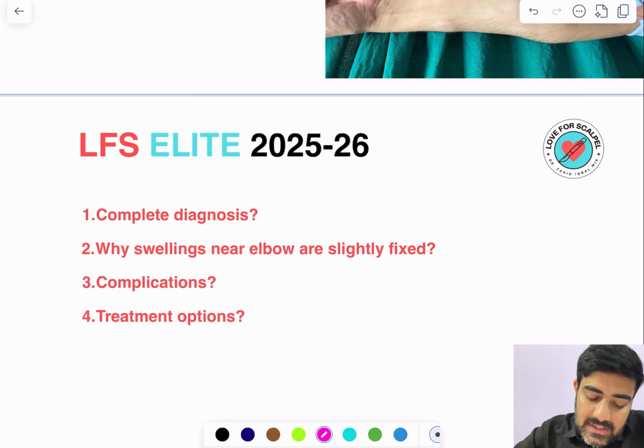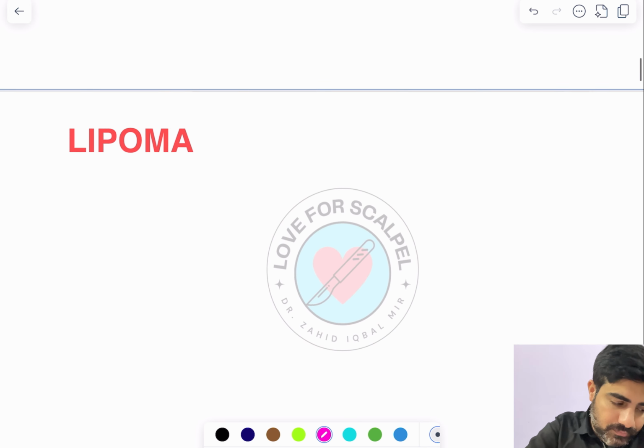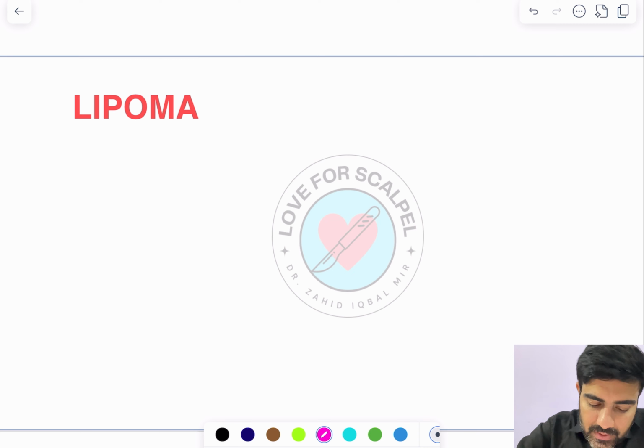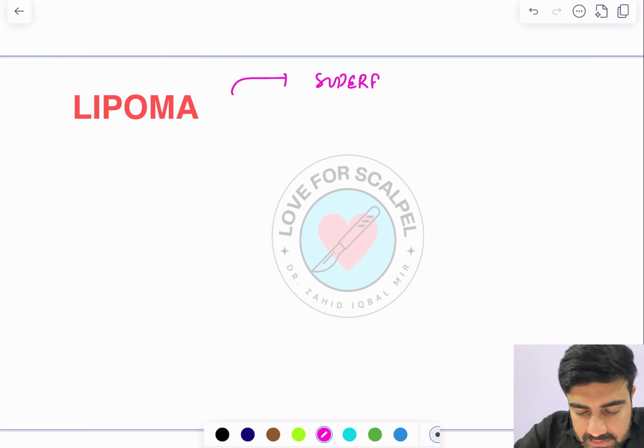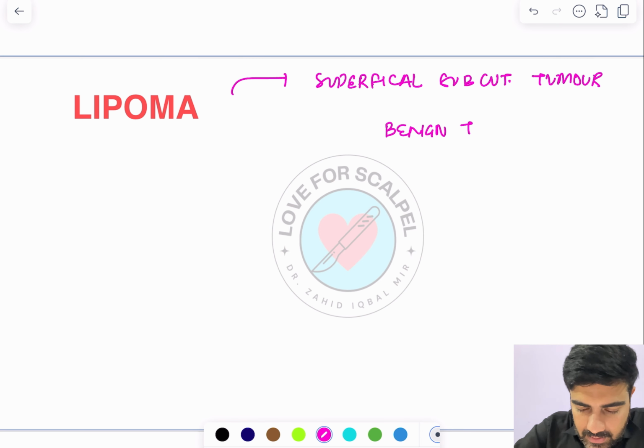Before discussing this case, let us discuss what is a lipoma. A lipoma is basically a superficial subcutaneous tumor. It is a benign tumor and the most common type of benign tumor of soft tissues.